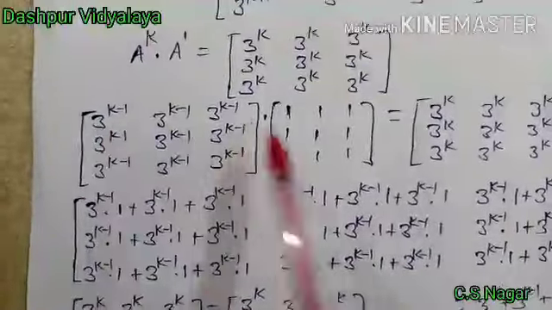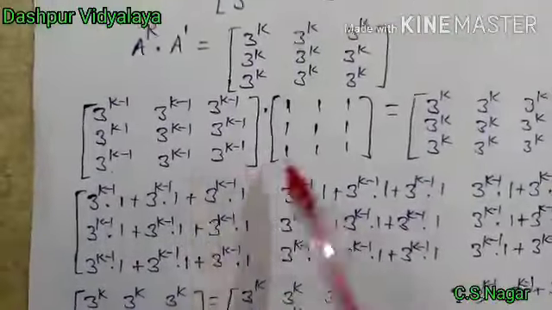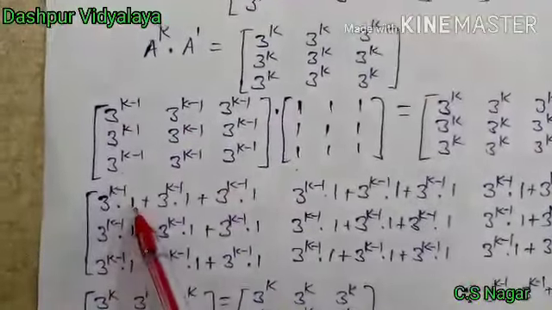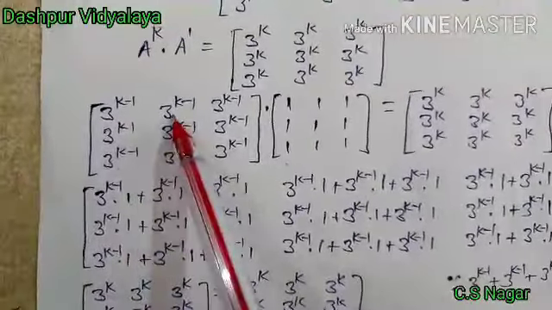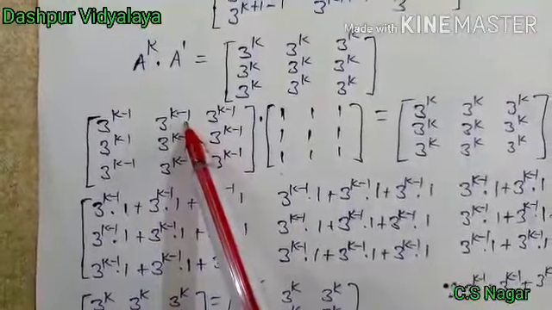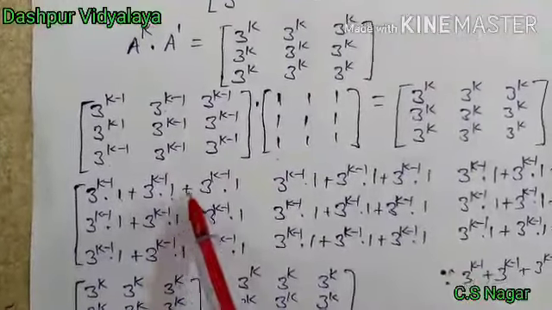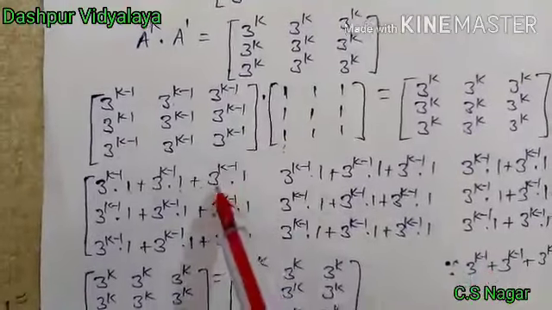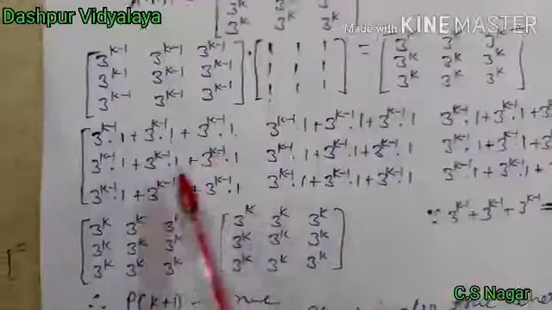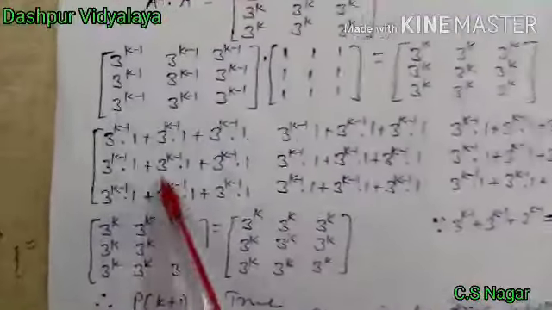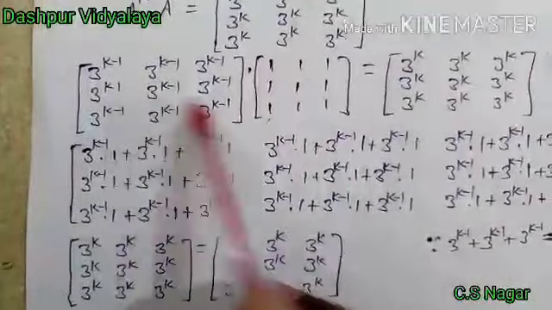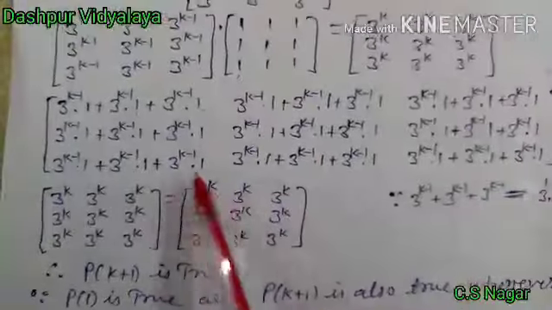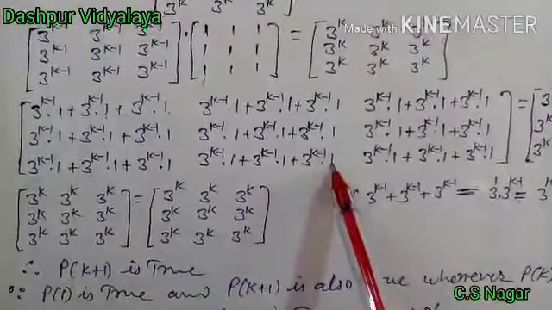So first row, first column, all the elements are same, so 3 to the power k minus 1 into 1, plus 3 to the power k minus 1 into 1, this is second, plus 3 to the power k minus 1 into 1, this is element. All the elements are same, so first row, sorry, second row, first column, third row, first column, so it is the product of these two matrices.